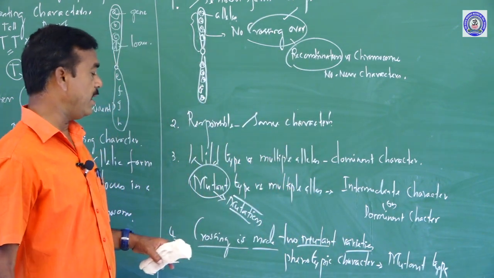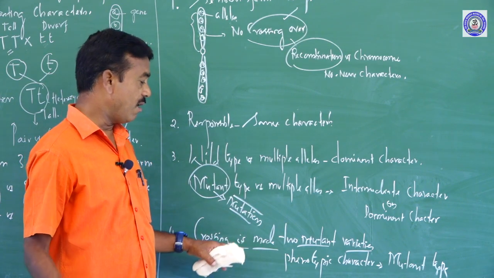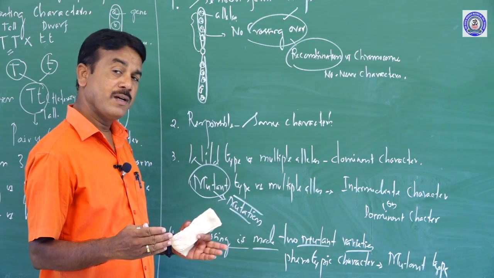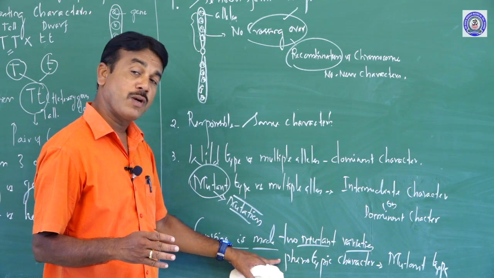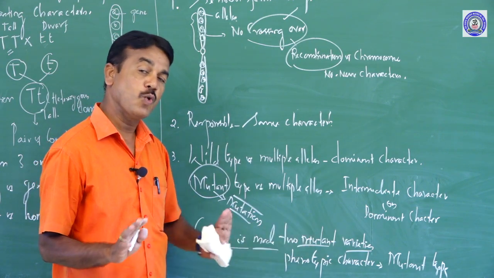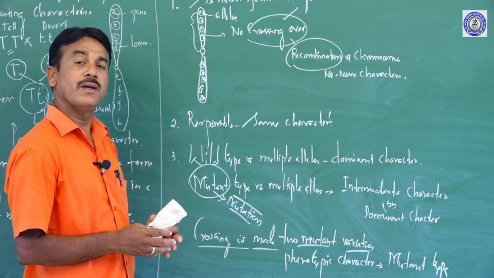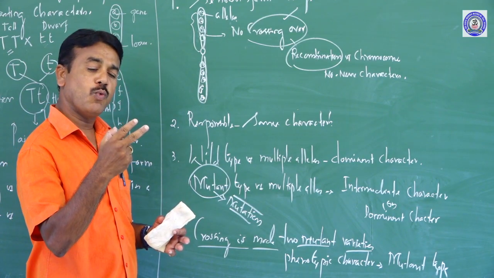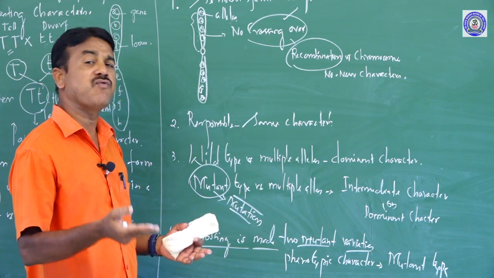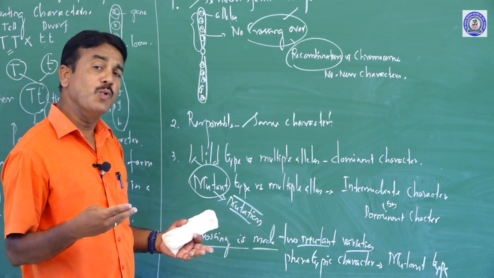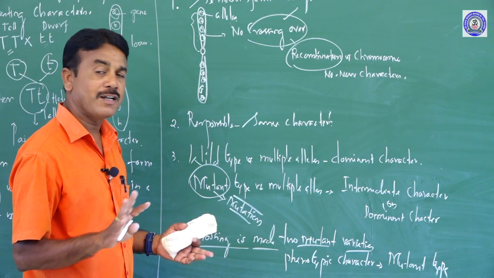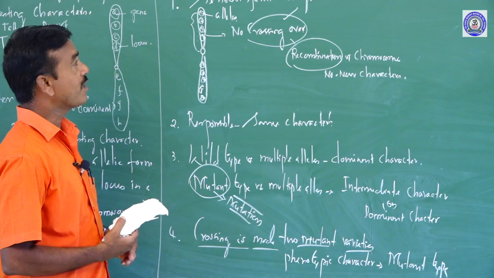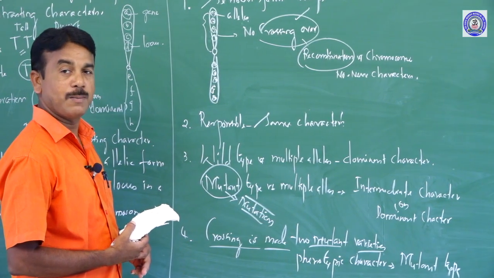So when crossing is made between two mutant varieties, after crossing, only the mutant phenotypic characters can be exhibited, not wild type. The F1 generation is commonly called the mutant character, not a wild type characteristic feature. So these four are commonly called the characteristic features of multiple alleles.